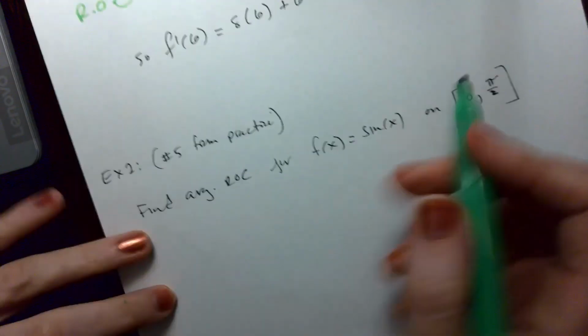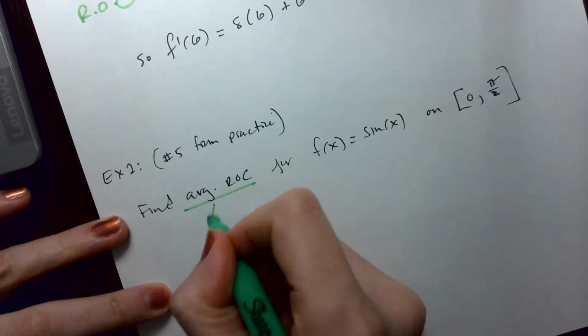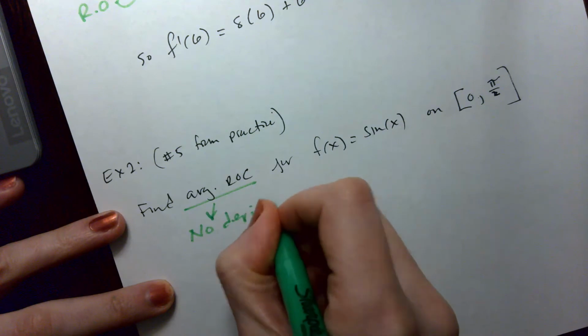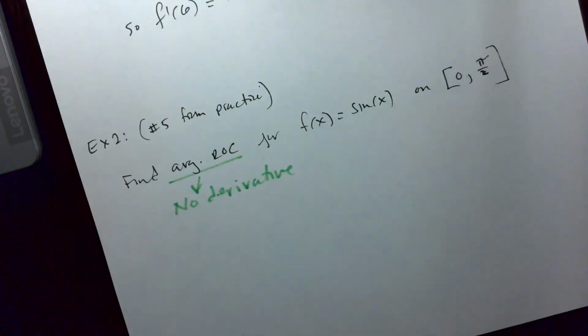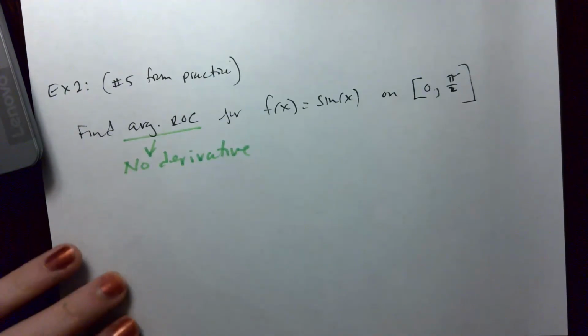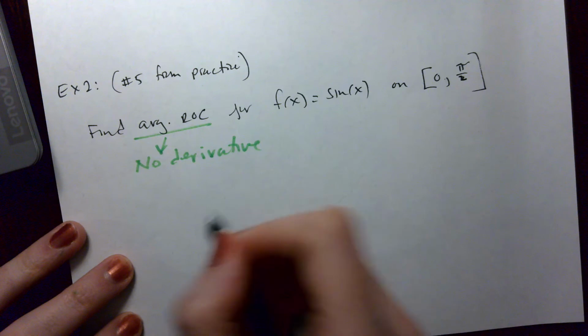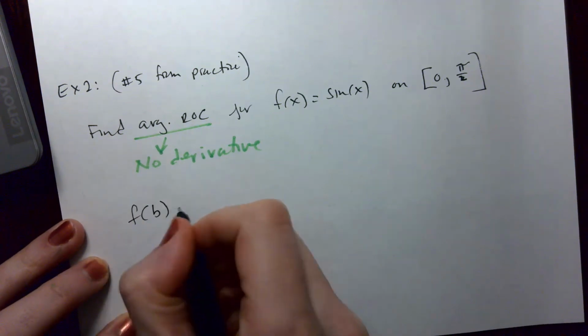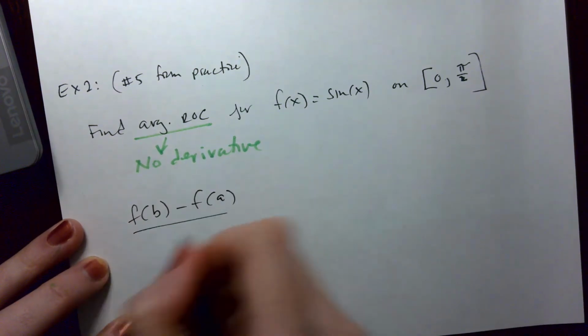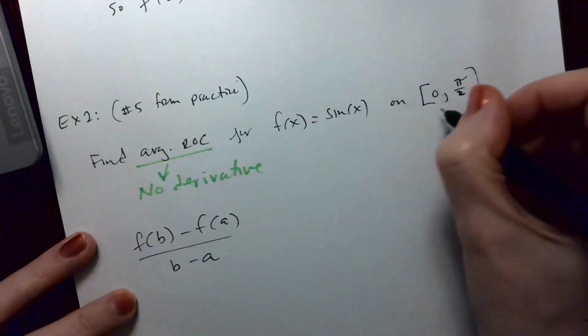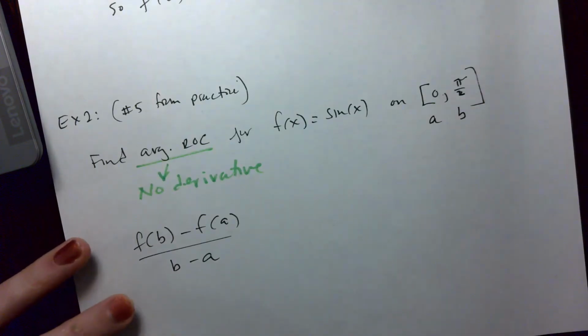If they say average, no derivative. Average rate of change is basically normal slope. So it's f of b minus f of a all over b minus a.